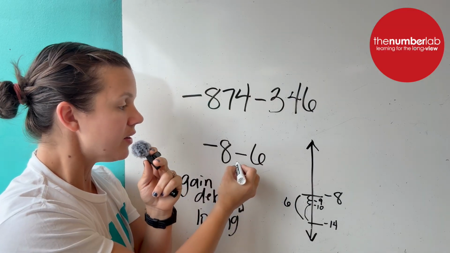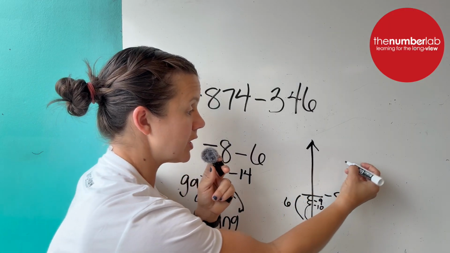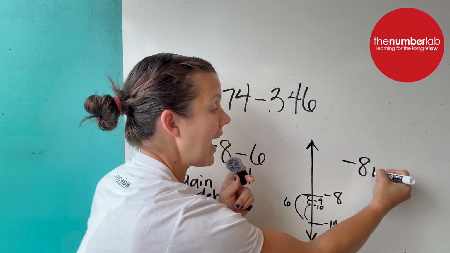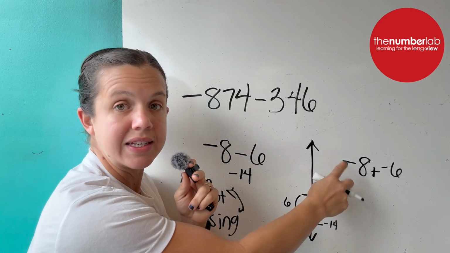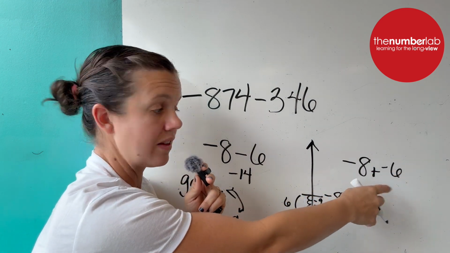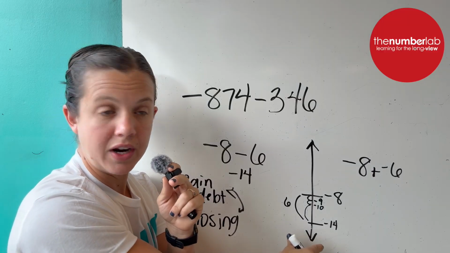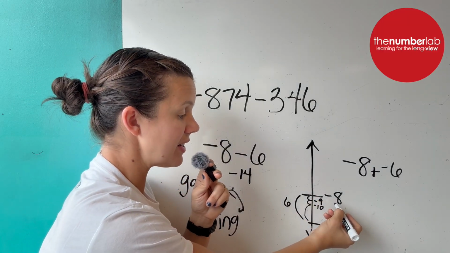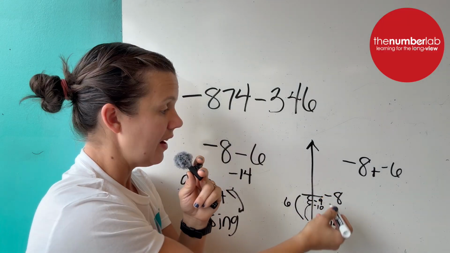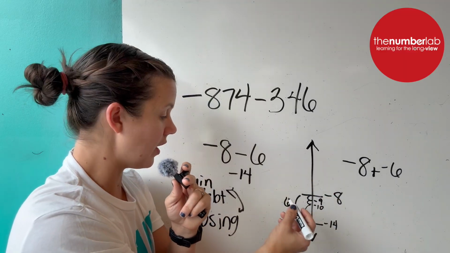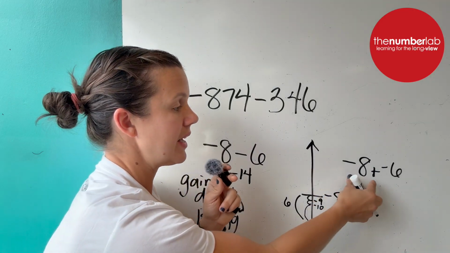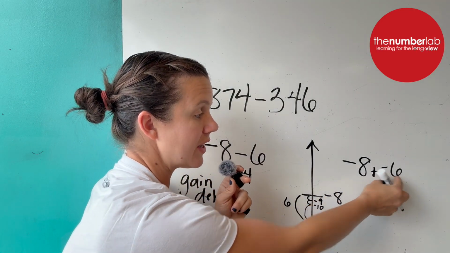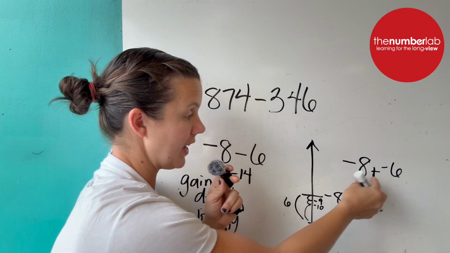Now we can look at that also in considering this expression. If I have a debt of 8 and a debt of 6. So I'm reading this expression as a debt of 8 and a debt of 6. Going back to this model of the vertical number line, if I have a debt of 8 and I'm gaining debt, or I'm gaining depth, again, another word you can consider using here is depth. I have a debt of 8 and a debt of 6, or a debt of 8 and a depth of 6.